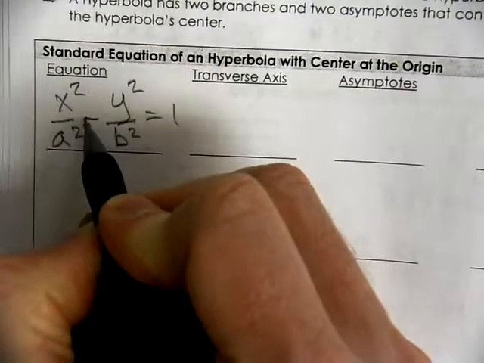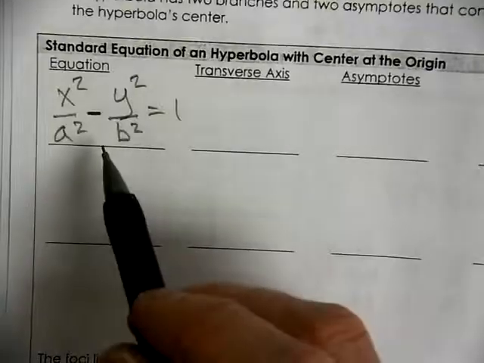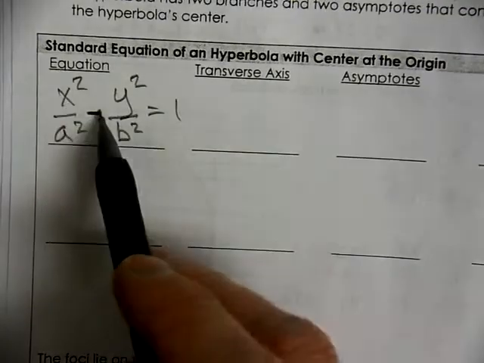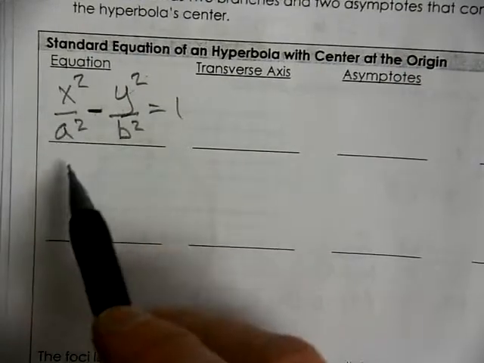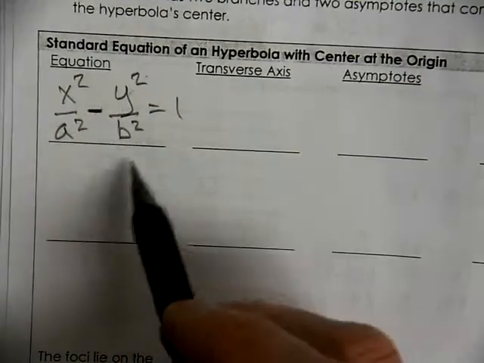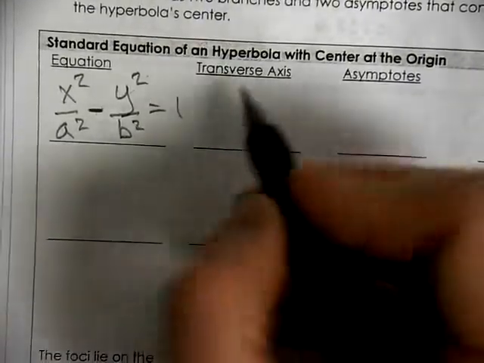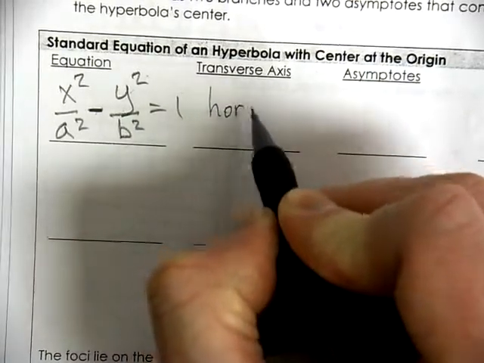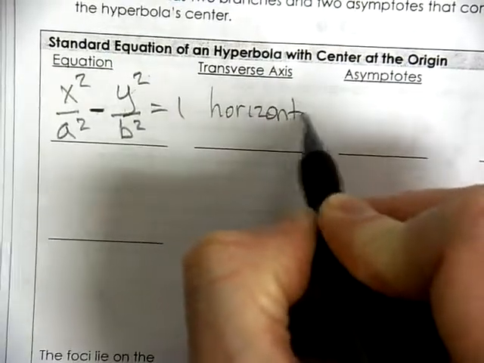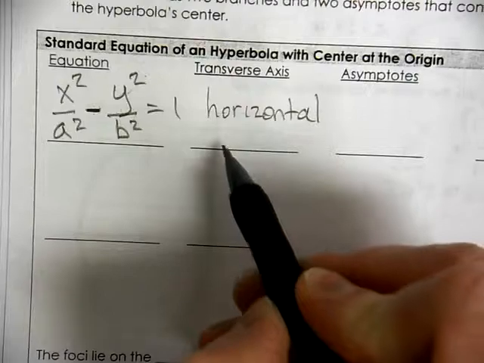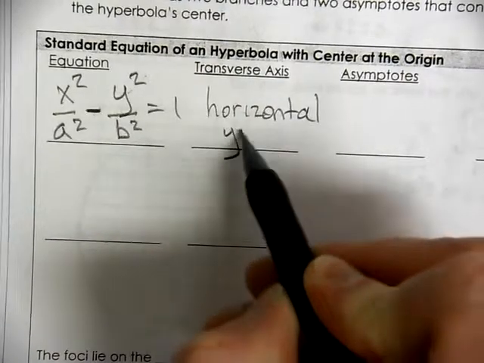And we put a minus in between. It's the difference. x squared minus y squared, both of them divided by their a squared and b squared. The transverse axis is horizontal. In this case, it would be y equals 0.